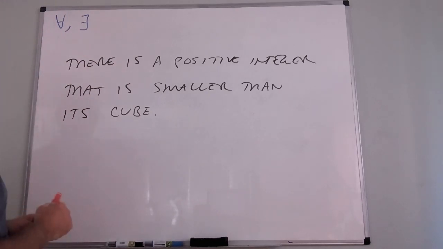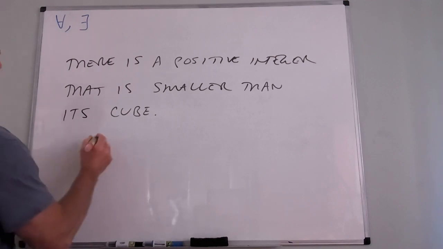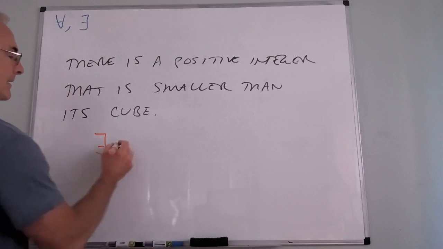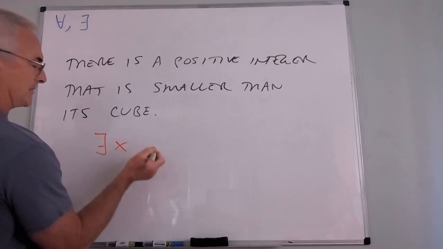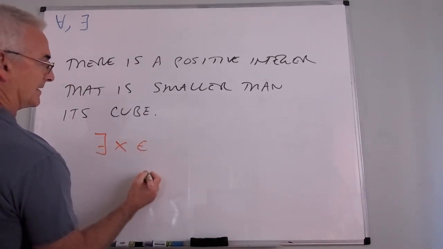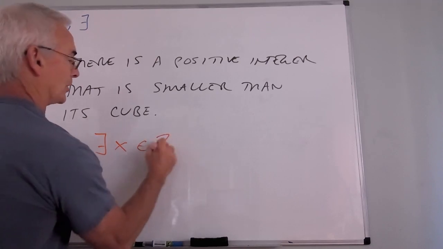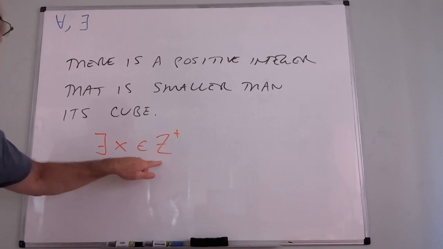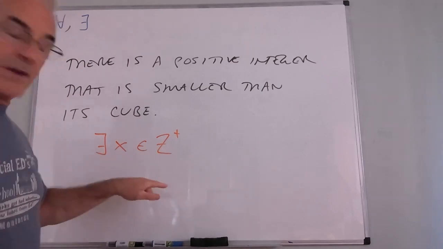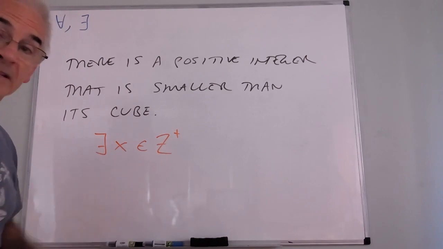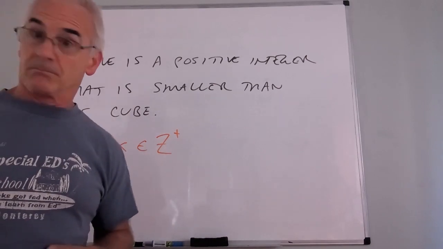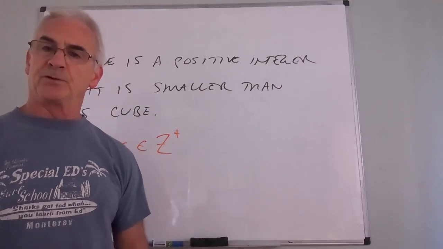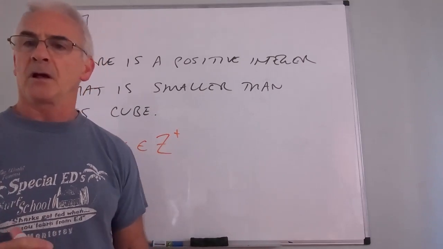Okay, so what am I going to start this one with? The exists sign, the backwards E. Good. There exists x in Z plus. I love this symbol because it is so easy to interpret. By the way, if you're in Calc 2, you wouldn't use Z plus. There's another symbol that's always used. Does anybody know the symbol we would use in a lower class than this?